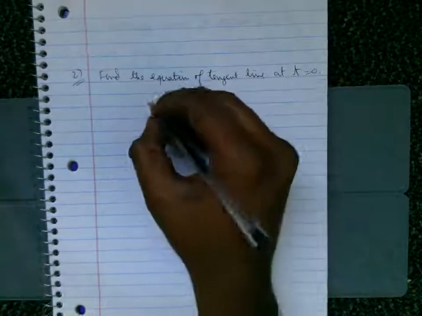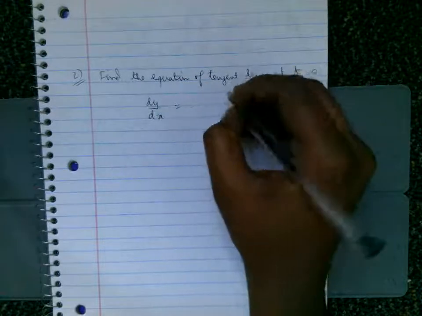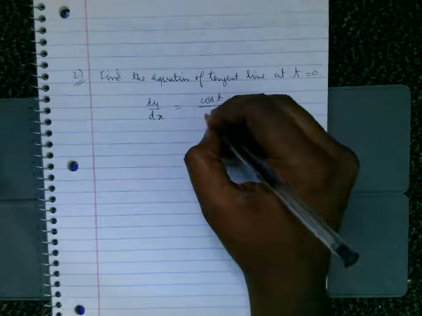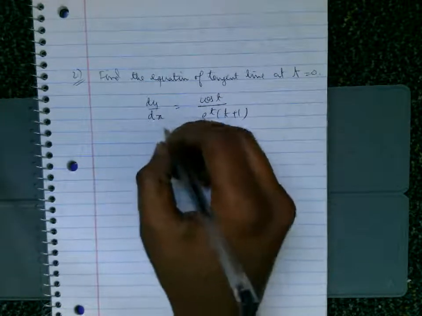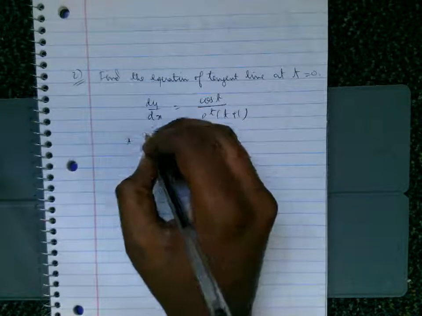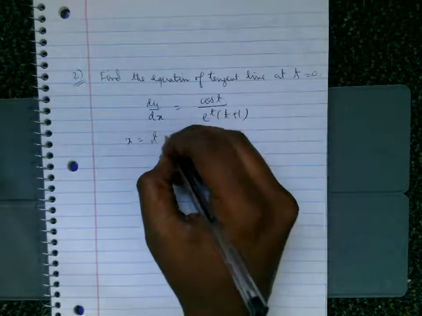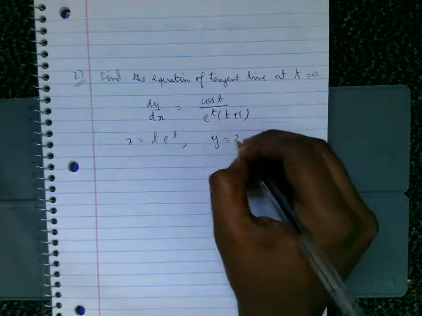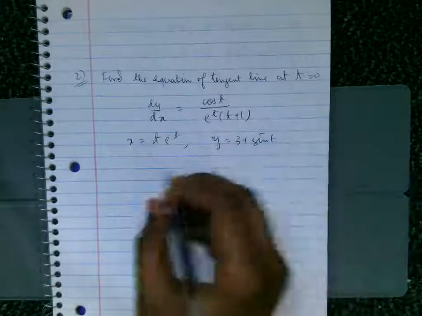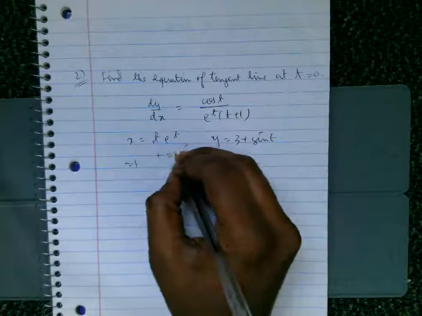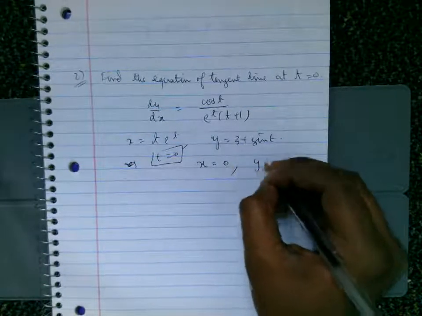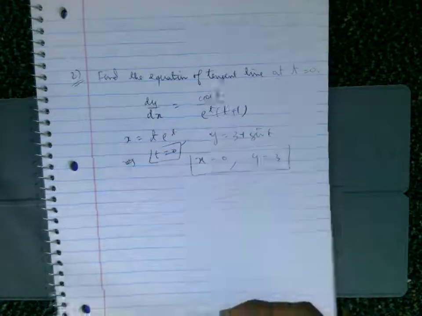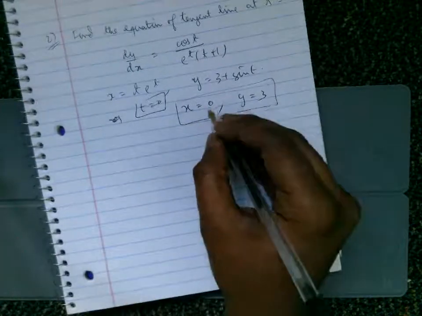And now the equation of the tangent line at t equal to 0. As we found out, the slope is given like this. x is e to the power t and y is 3 plus sin t. So when you substitute t equal to 0, the point on the curve is 0 comma 3.